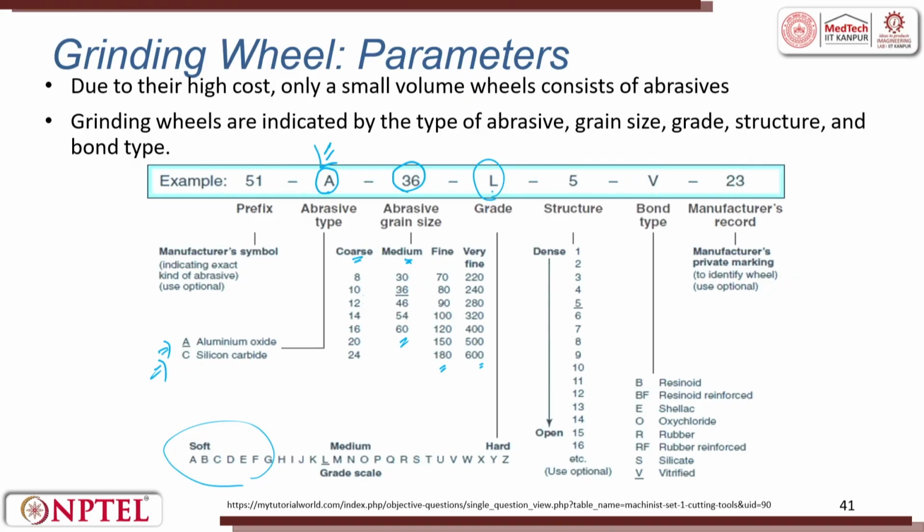Suppose the force is too high, then immediately what happens? The abrasive breaks or the abrasive falls out of the binding. If it does not do that, it is going to create a scratch. So, for that we choose a binding material which is soft or hard, whatever it is. So, the grade talks about how the binding is there so that the abrasive can be eased out.